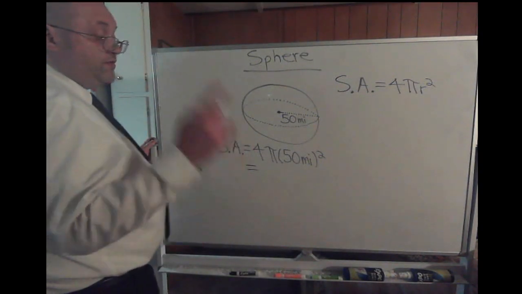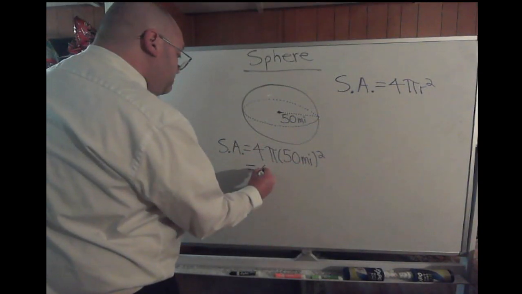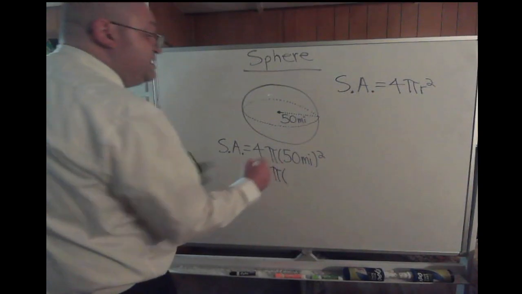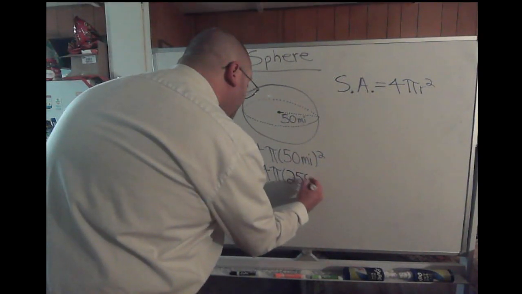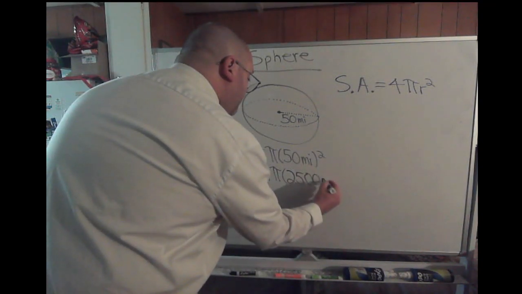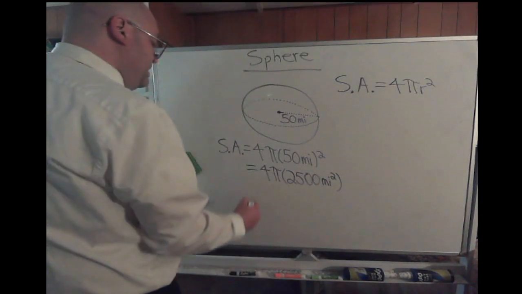Alright, well, order of operations dictates we do the exponents first, so we'll still have 4 times pi, but 50 to the second power, that's going to be 2,500. Miles squared, well, that's just square miles.